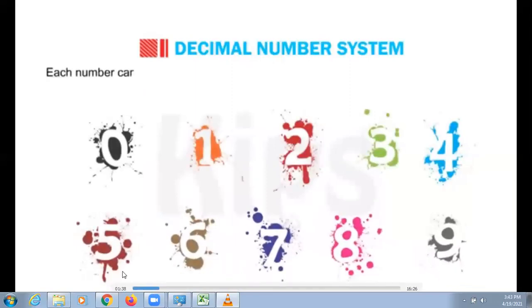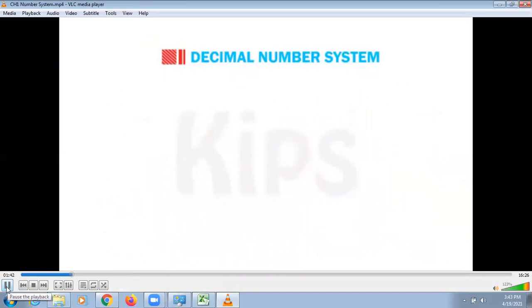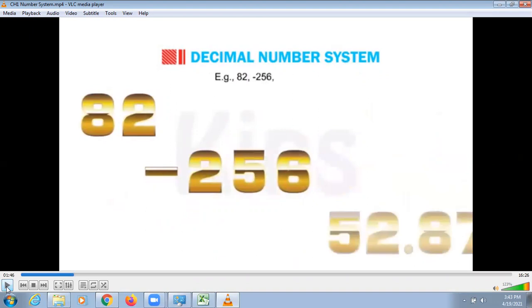Each digit can be used individually or they can be grouped to form a numeric value. Example: 82, minus 256. It means all the numbers which are made with the combination of only these digits have base 10. Like 82 is a combination of digits from 0 to 9.